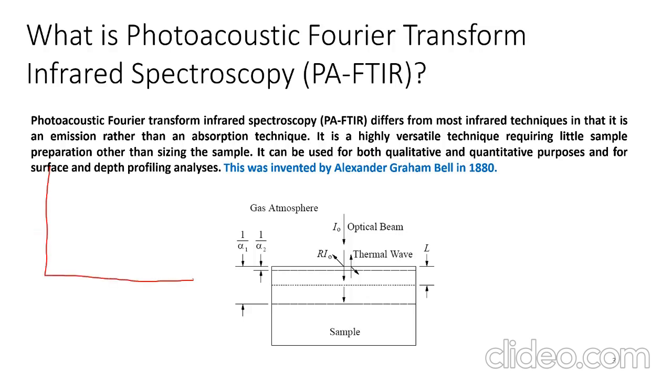The intensity can be high sometimes and then low, then high. That is how the wave is generated, and this wave can be considered as a sound wave because the modulation is happening with the help of a chopper.